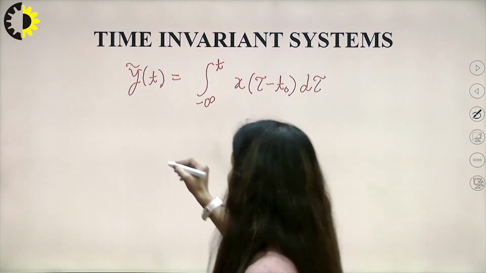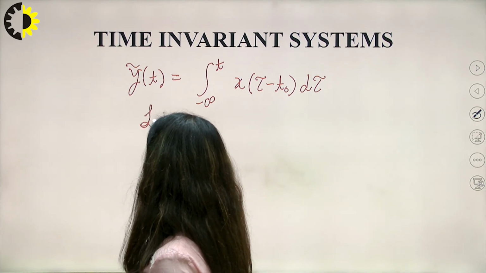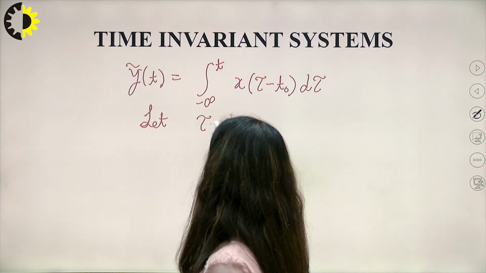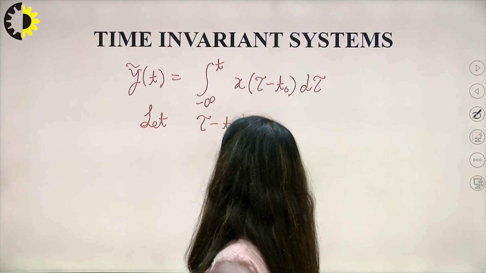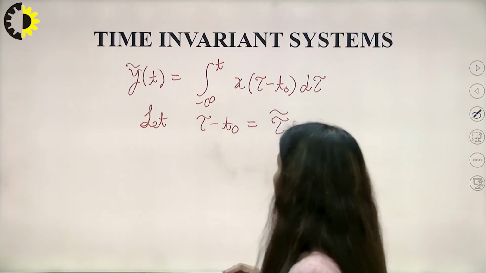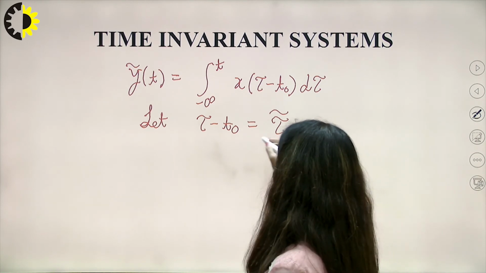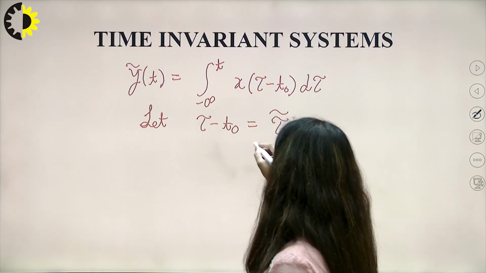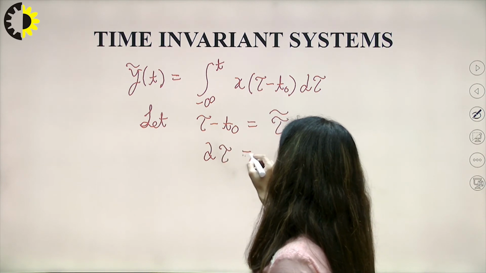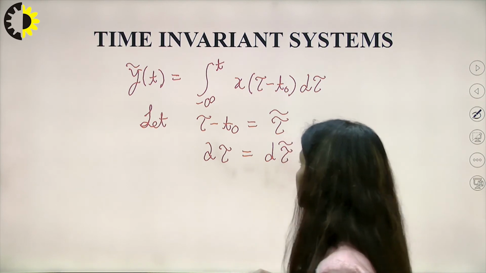Let tau minus t naught be tau bar. Then I can say d tau is equal to d tau bar.